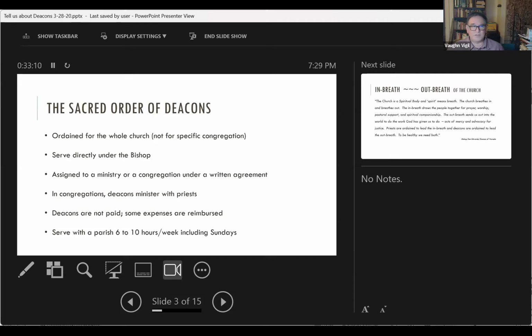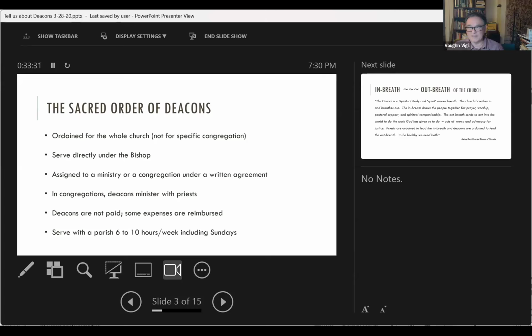And I think it's worth mentioning, a lot of priests who want a deacon in their parish are really looking for an assistant, and that is not your role. That's really not your primary role. Your role is to be a deacon, not an assistant priest.